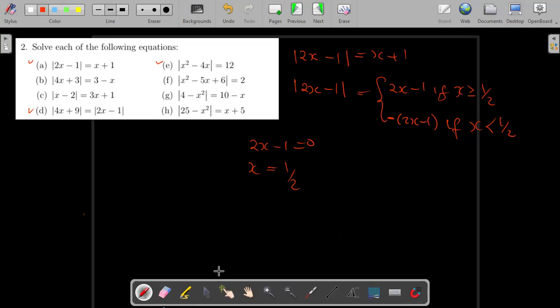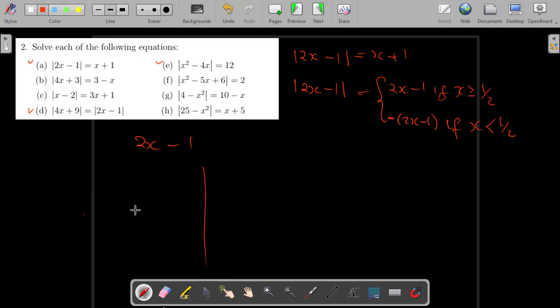Since we're using the graphical method, what if you just had 2x minus 1? How would you graph this? It would be a line.